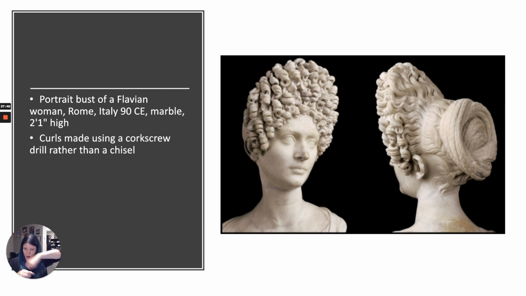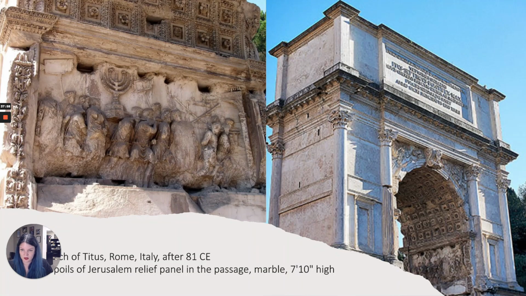So it's a hand cranked corkscrew drill. So this new carving technology is created so that this hairstyle can be portrayed more easily. And it sticks around because it's used for beards and things like this in the future, but it really is created for this particular hairstyle, which is kind of funny.